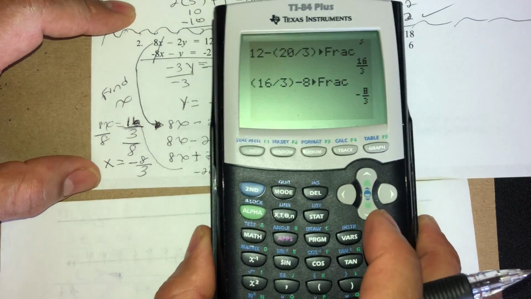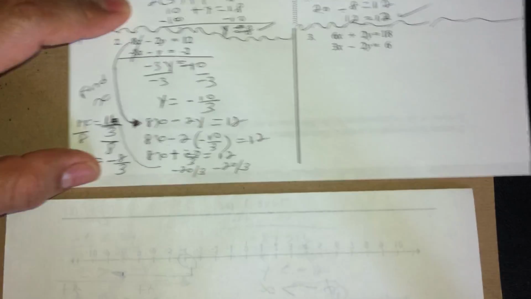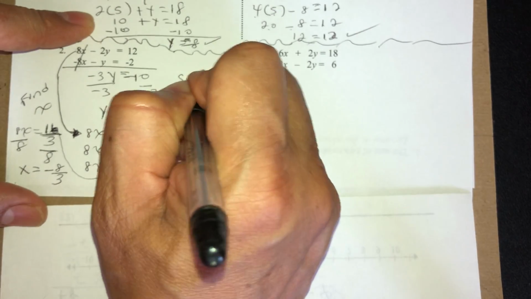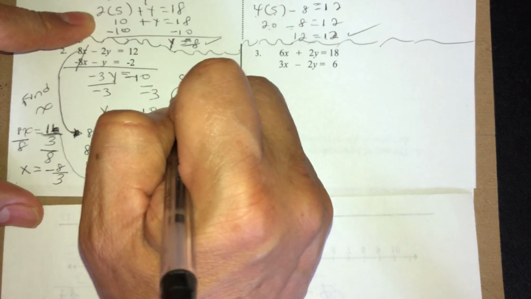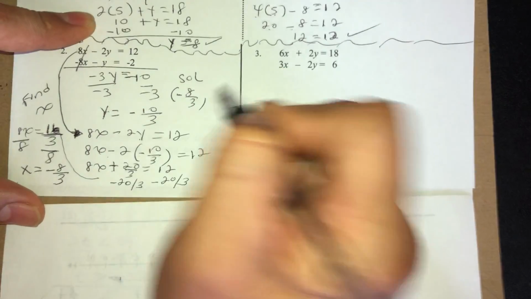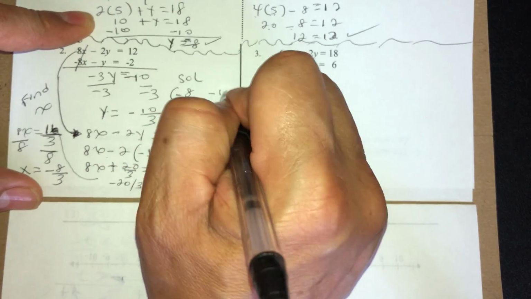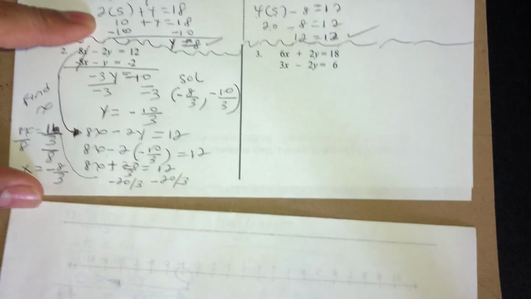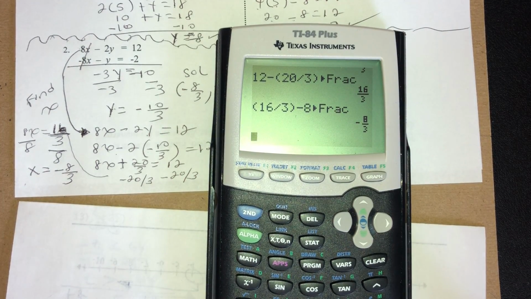Okay, now that I have my solution, that's my x and that's my y, I can write my solution. So remember, guys, you can have fractions, all right? So don't be afraid. So the solution is going to be negative 8 over 3, comma, negative 10 over 3. So if you get a decimal on the homework, don't get scared, all right?